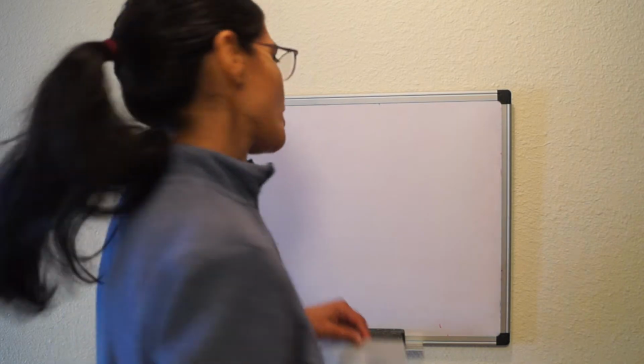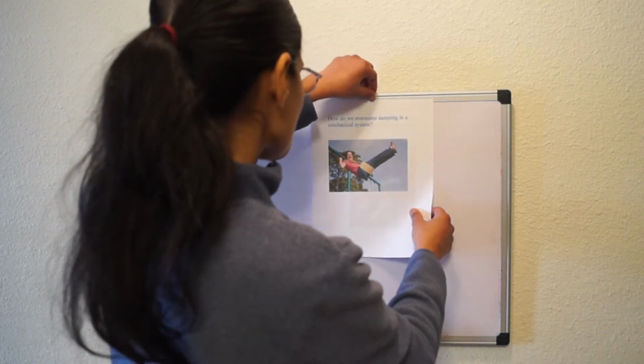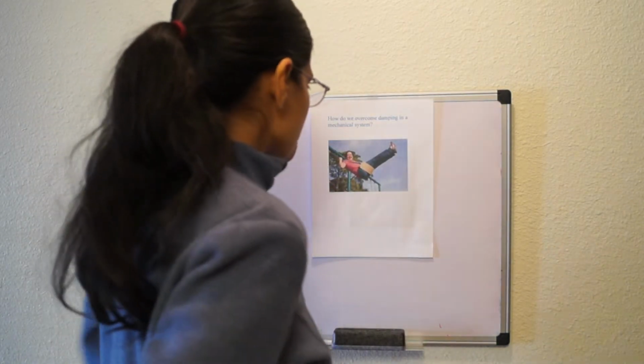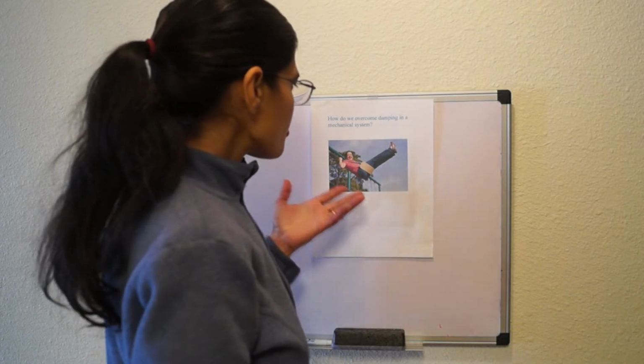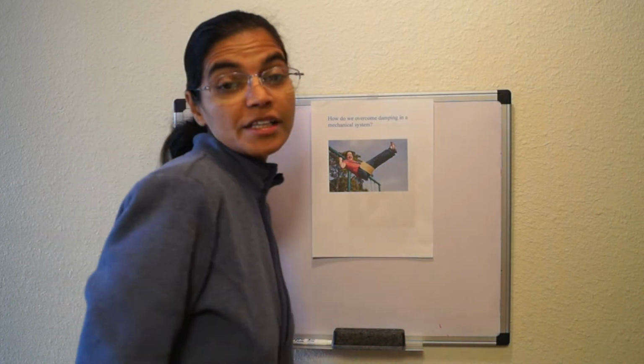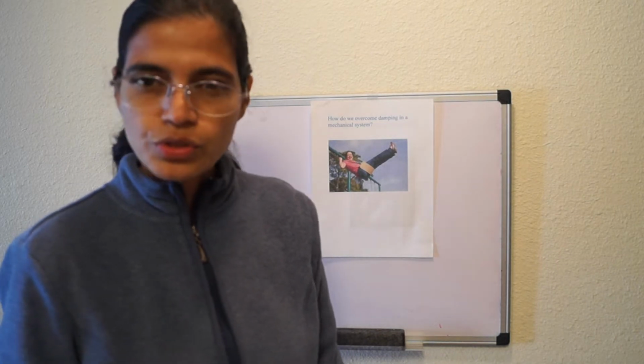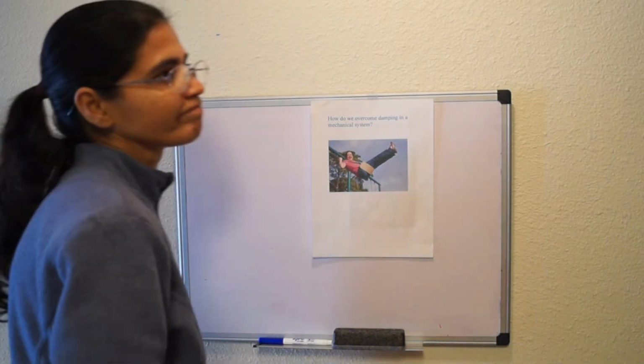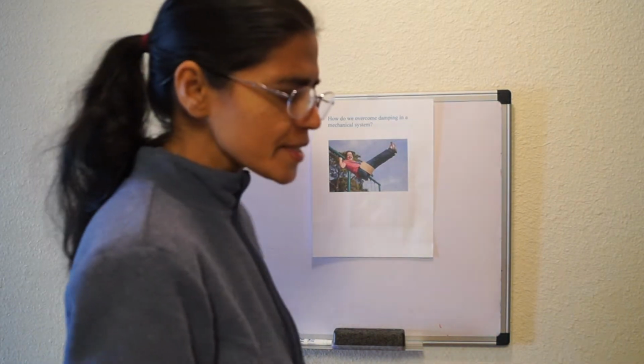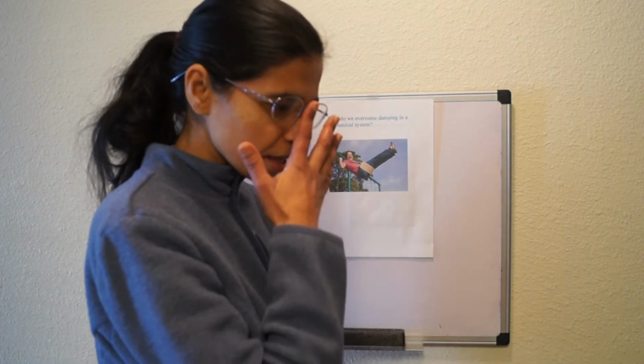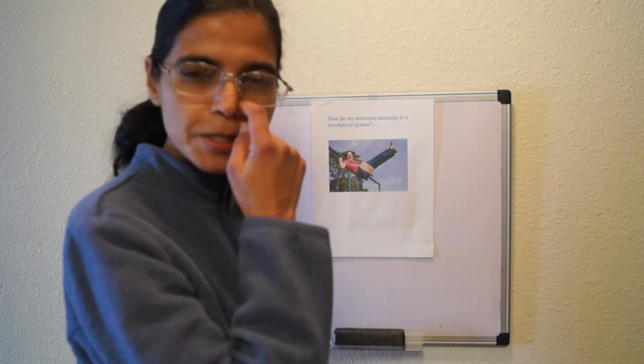Now, there may be a system where we don't need damping at all. For example, here is a picture of a girl in a swing. How do we overcome damping in a mechanical system? Damping means we are losing some energy, right?